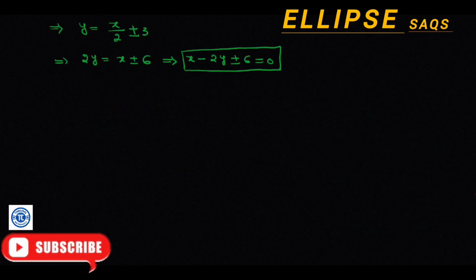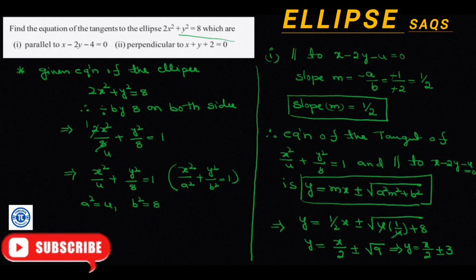Now second one, Roman number 2, is perpendicular to given line x plus y plus 2 equal to 0.